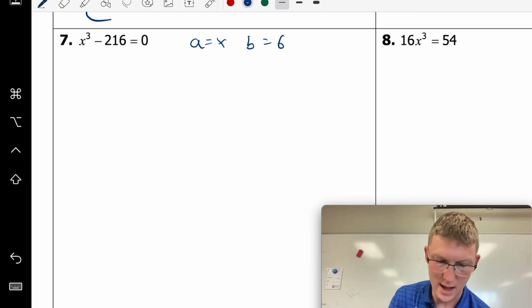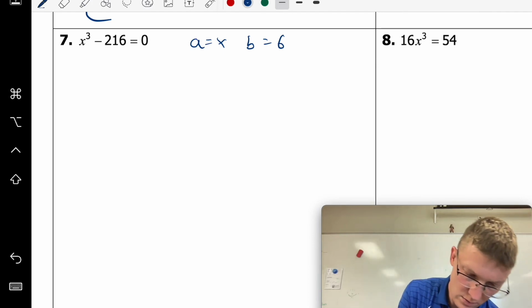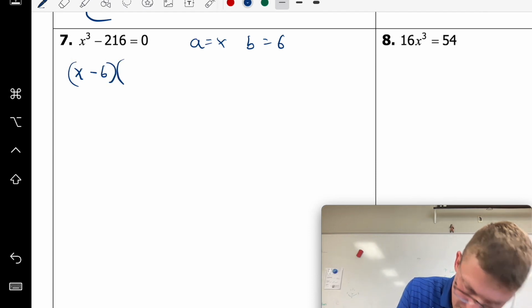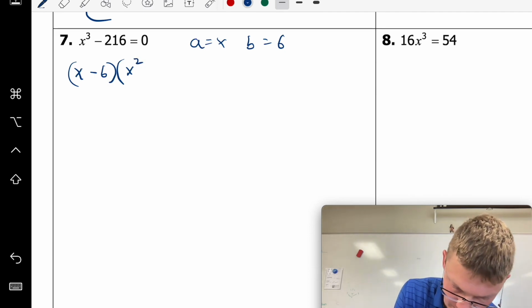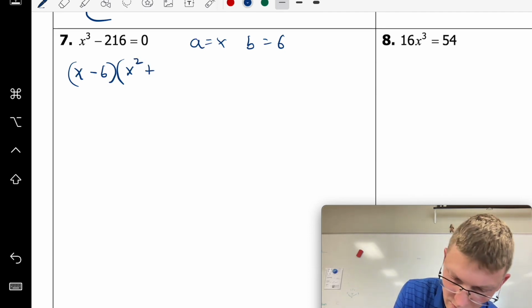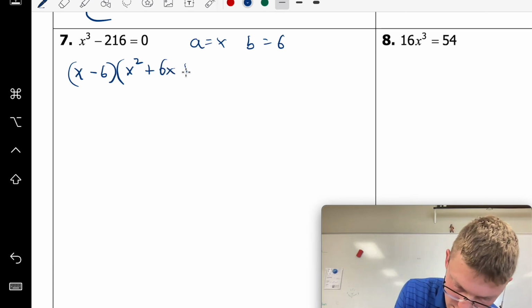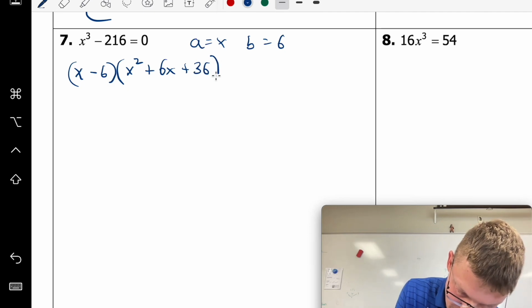So looking at this thing again, remember this is difference of cubes now. So I'm going to have x minus 6, and then we will have x squared plus a times b, which is 6x, plus b squared, which is 36.